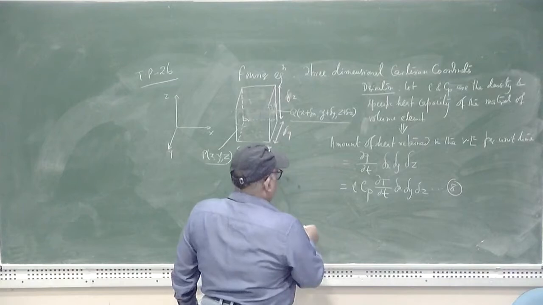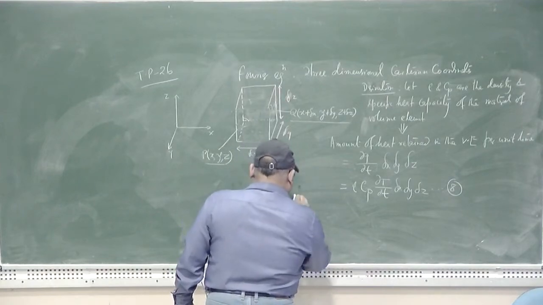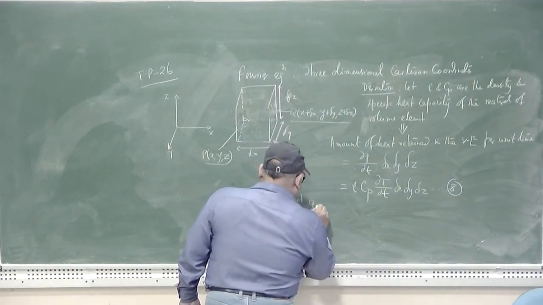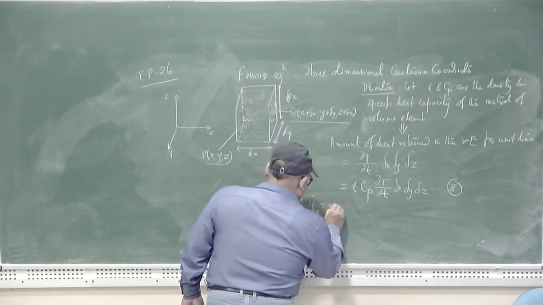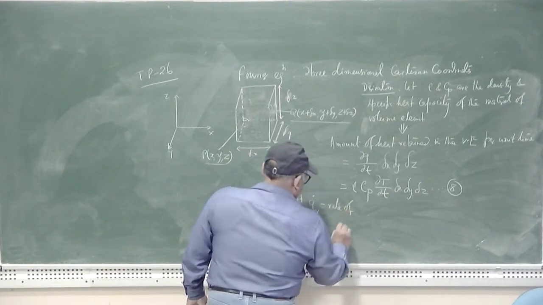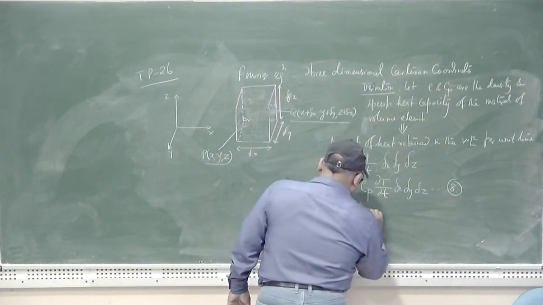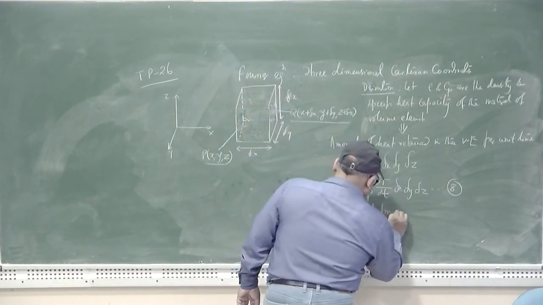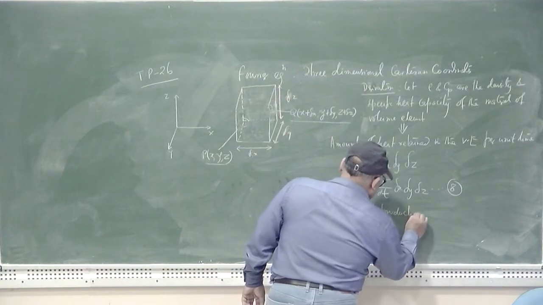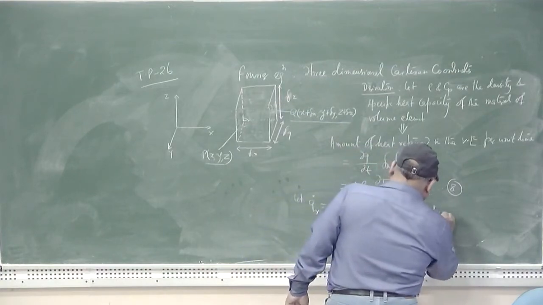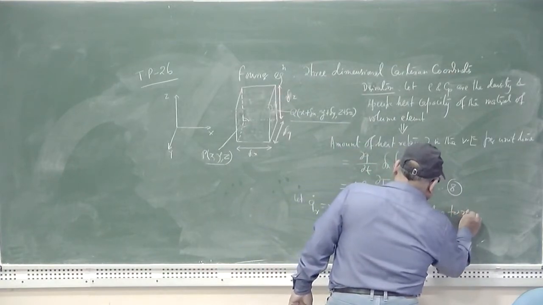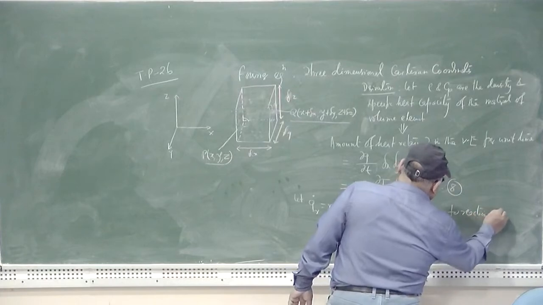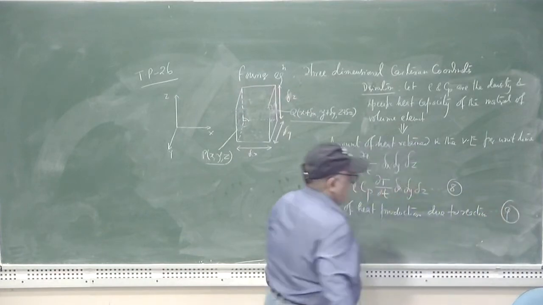And let QR dot be the rate of heat production due to reaction. Let it be equation number 9.